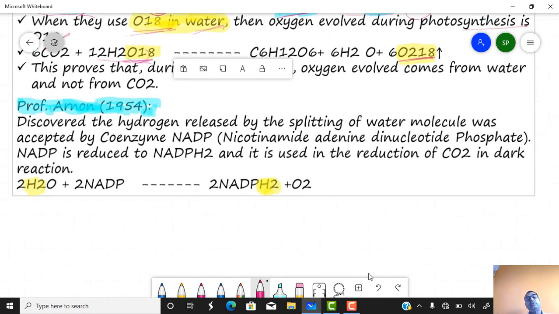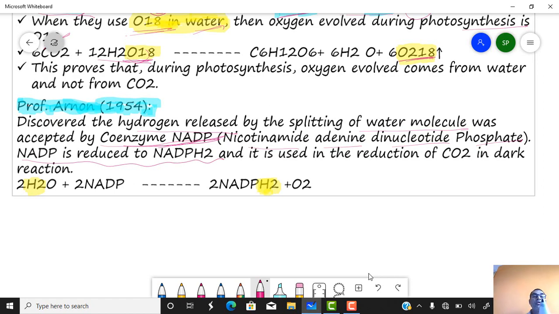In 1954, Professor Arnon discovered that the hydrogen released by the splitting of the water molecule was accepted by the coenzyme NADP, nicotinamide adenine dinucleotide phosphate. Here NADP is reduced to NADPH2.